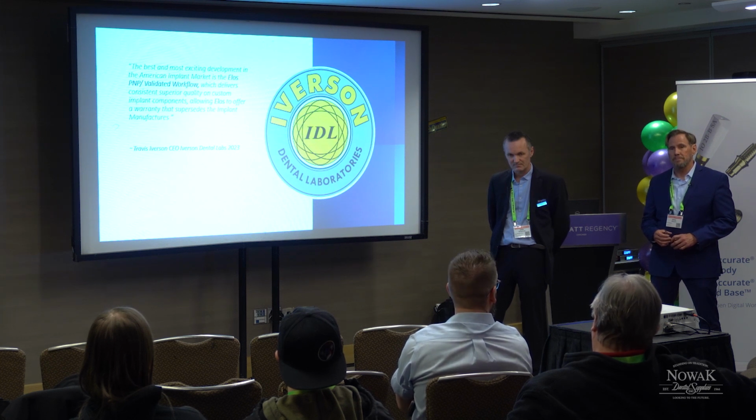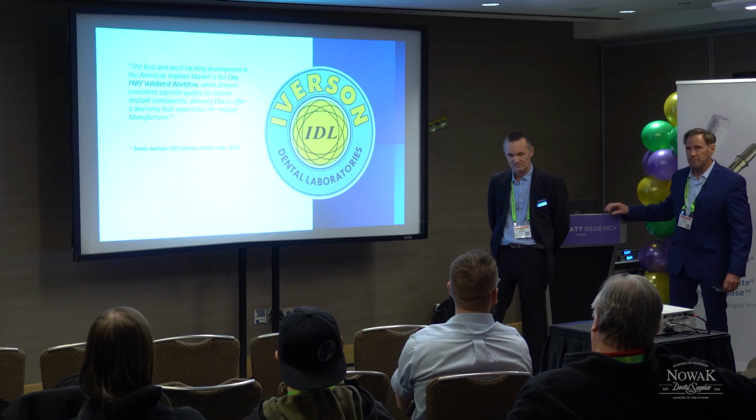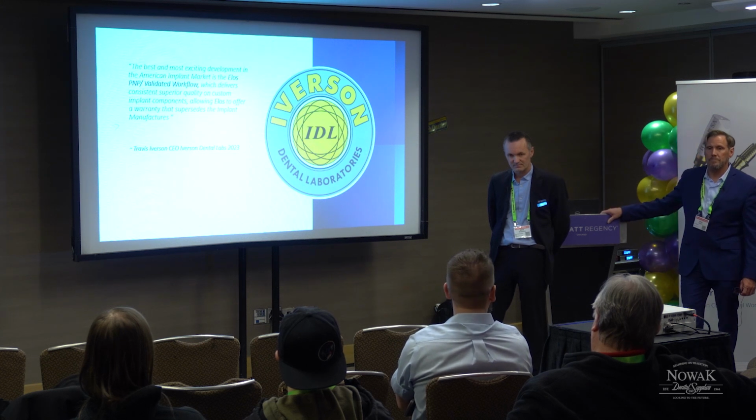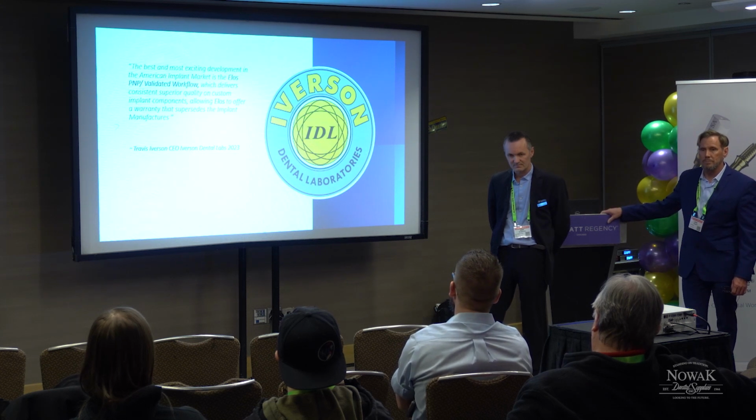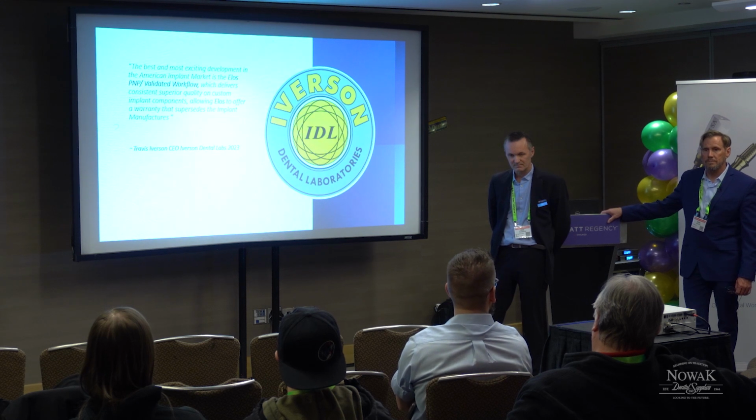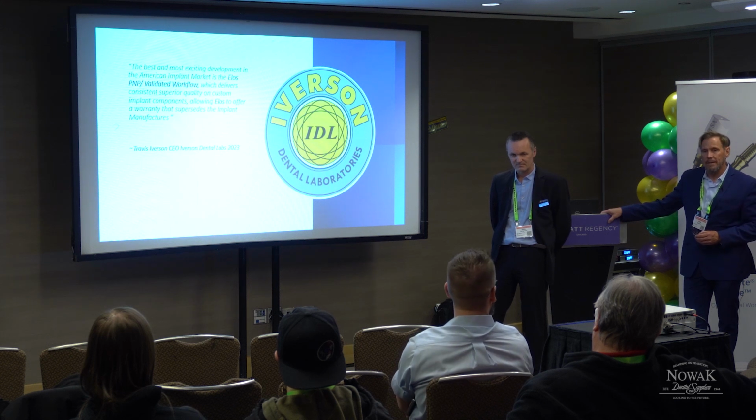So I have to make another crown still, and bear all those costs. They won't cover the crown. So this is the offer of warranty that supersedes the implant manufacturers. That's the only thing I could possibly think of. Is your warranty willing to cover the cost of the crown? And is it willing to take any kind of liability that may fall on the doctor that his malpractice insurance won't cover, or is it too crazy like that?